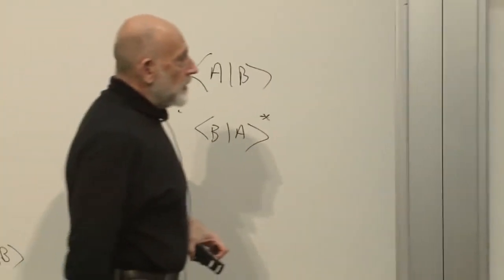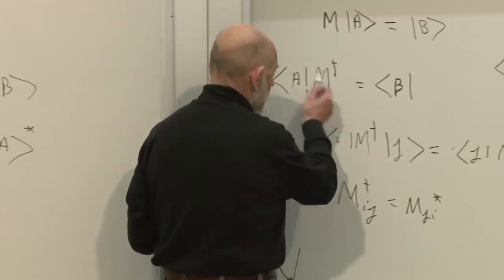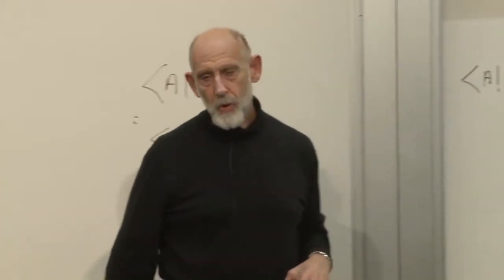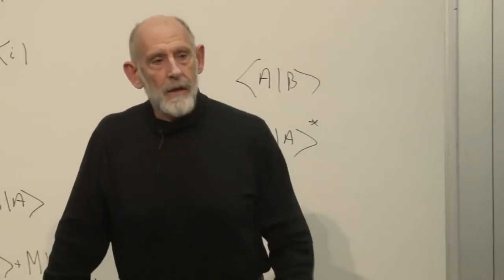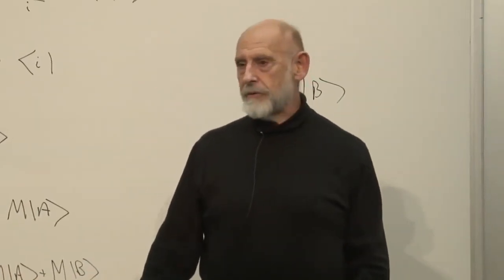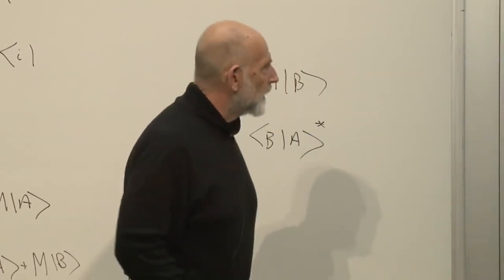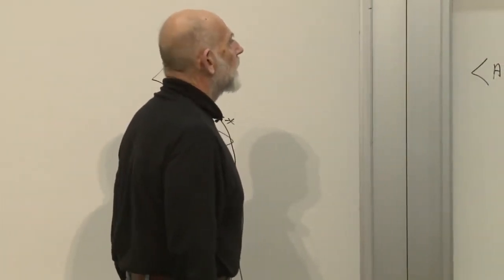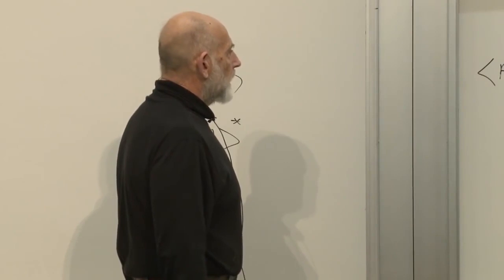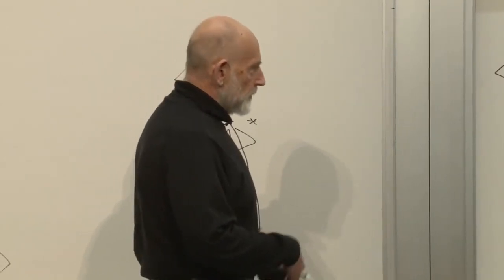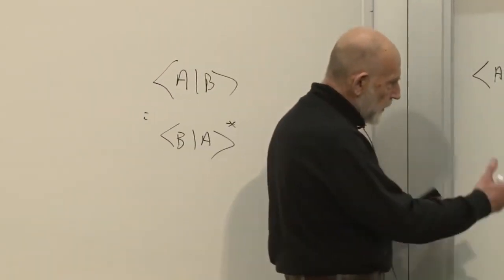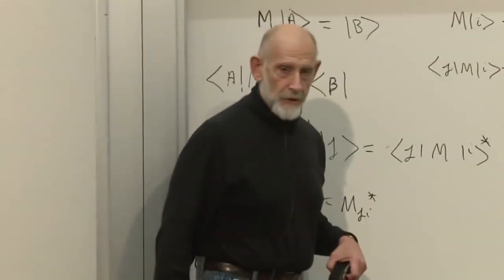All right, that's the notion of Hermitian conjugation. This is called Hermitian conjugation. The word Hermitian is named after some mathematician whose name was Hermite. And Hermitian conjugation is the process of interchanging I and J and taking its complex conjugate.